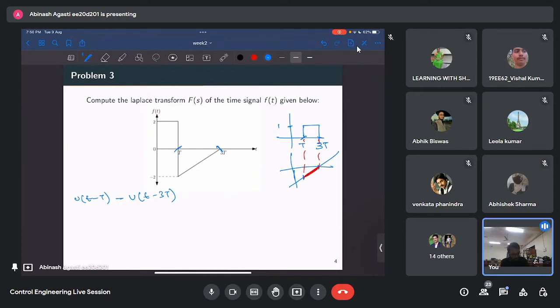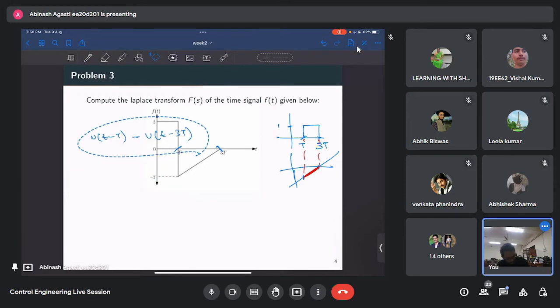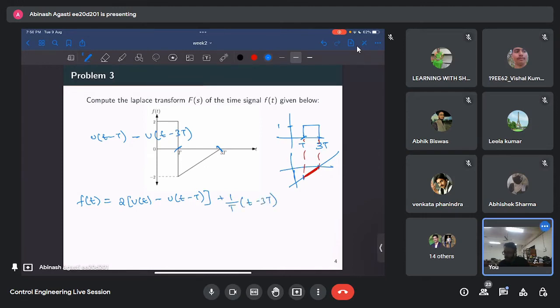So the original function f of t I can write as 2 times u of t minus u of t minus capital T, plus 1 by t minus 3t into u of t minus t minus u of t minus 3t.